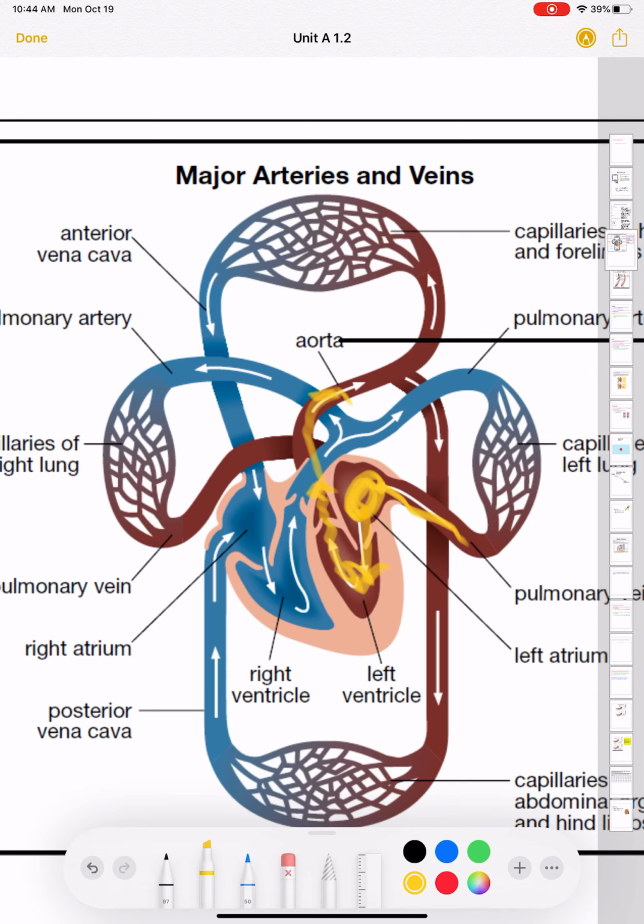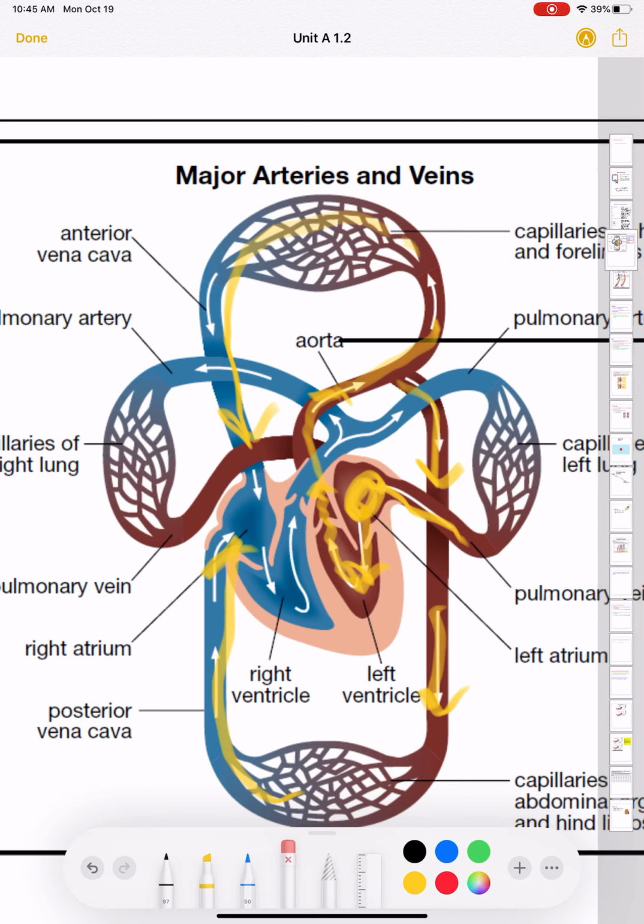And through the aorta, it goes in many directions. It goes up towards your head and down towards the bottom of your body, and then that exchange happens. Then it brings it back into the inferior and superior vena cava, and then back into your heart again.